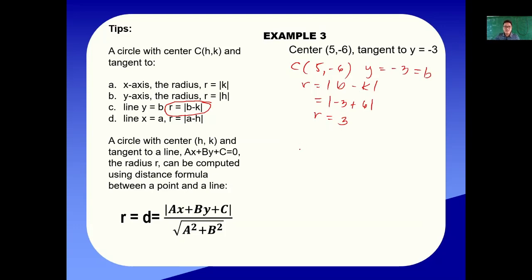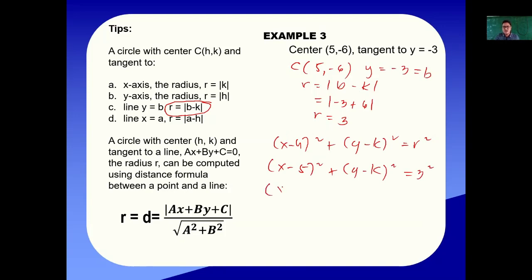Then, hanapin na natin yung standard equation. We have (x - h)^2 + (y - k)^2 = r^2. Then, substitute: (x - 5)^2 + (y - k)^2 = 3^2.